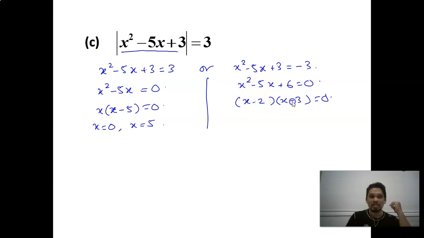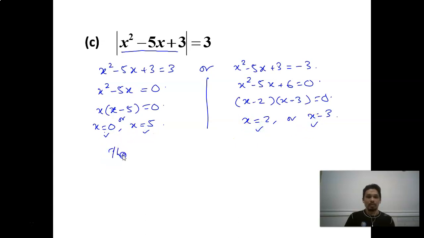Negative 2 times negative 3 equals 6. So the solution set here is x equal to 2 or x equal to 3. Then we take all four, 1, 2, 3 and 4, so the solution set is 0, 2, 3, 5. There you go.